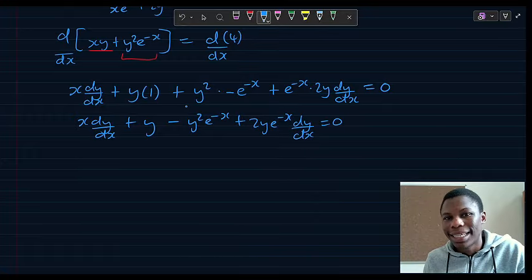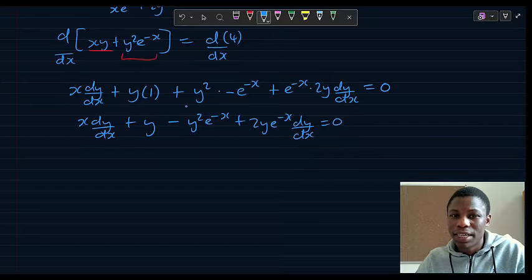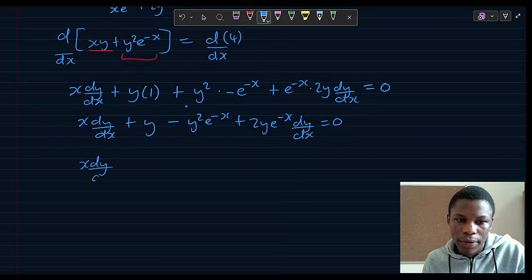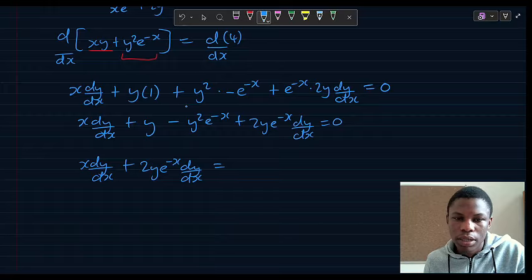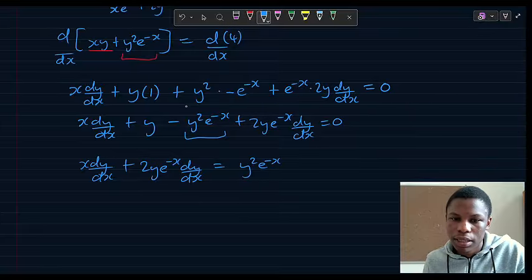I'll keep everything that has dy dx on the left, everything else goes to the right. So I've got x dy dx plus 2y e to the negative x dy dx is equal to y squared e to the negative x minus the y.